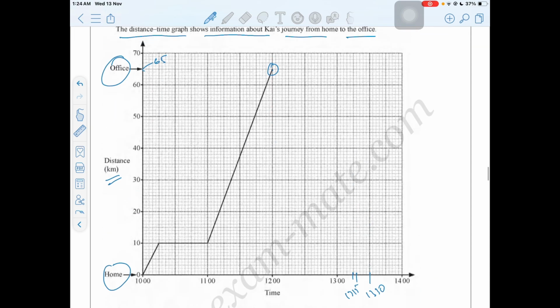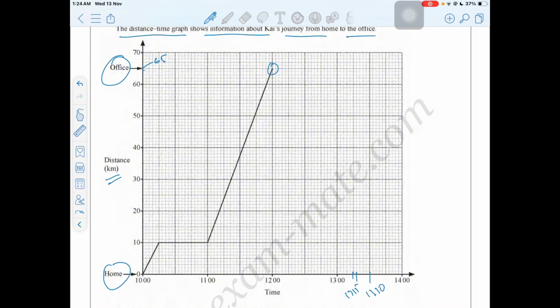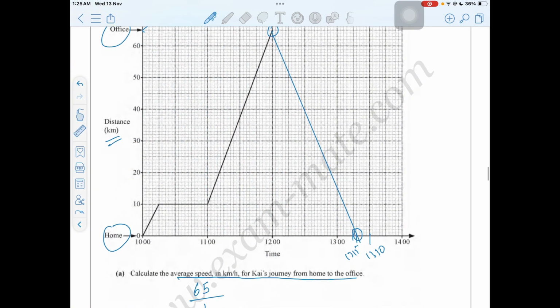Yes, a constant speed till 0, right? So it comes back again. Just use the scale. So this will be a line. This will be our line, right?